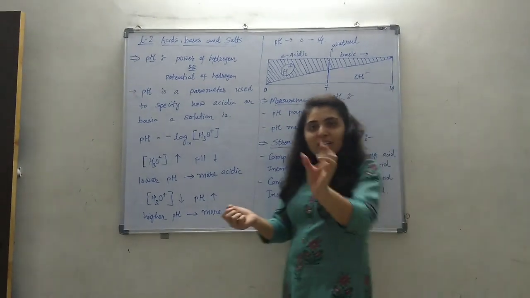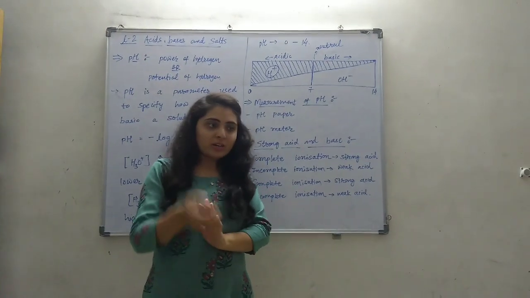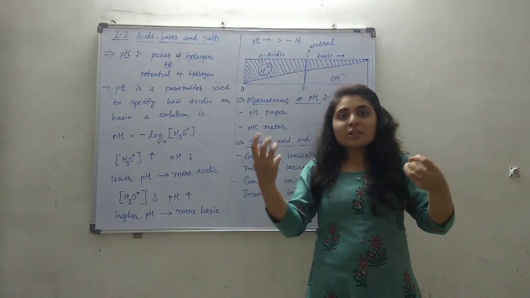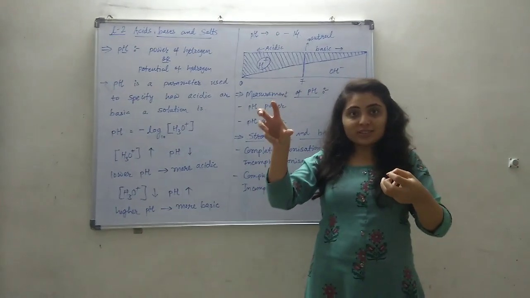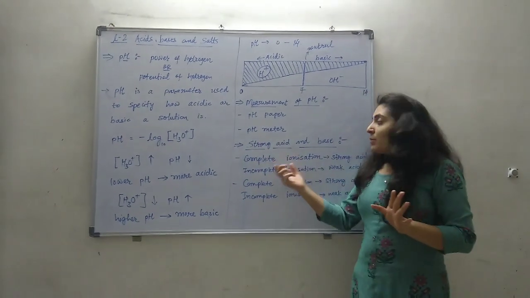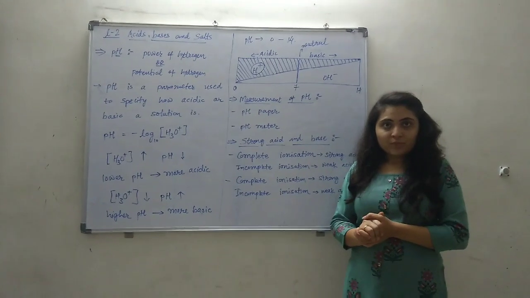Let us say if we have taken 100 molecules of HCl and added in water, 100 molecules will be separated. So we are getting 100 H plus ions and 100 Cl minus ions in the water. So this is called complete ionization.